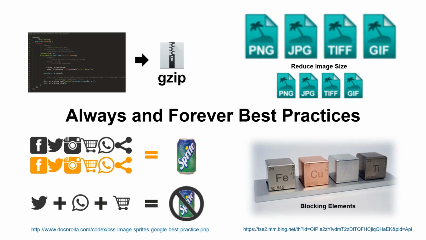And finally, thinking about our application starting up, we want to think about blocking elements. Things like script tags and CSS style files will block our page from rendering as they load if those script includes are at the top of our web page.